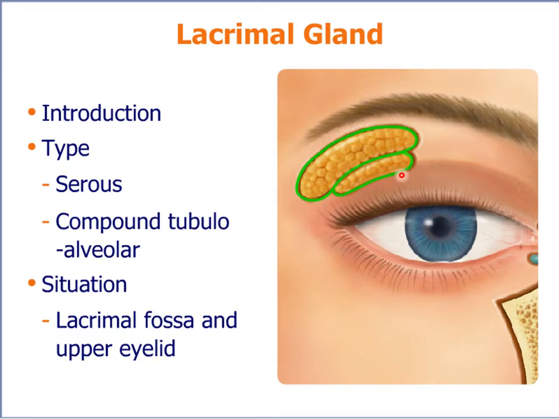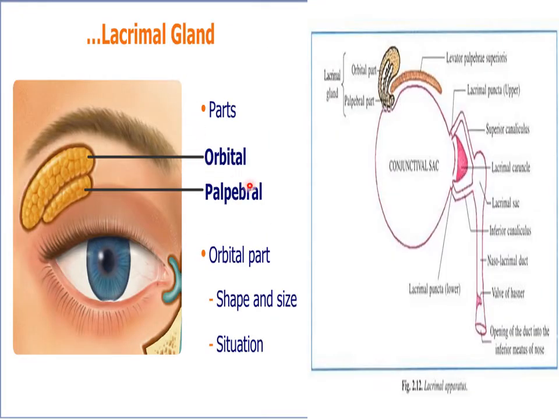It is situated in the lacrimal fossa, which is in the lateral part of the root of the orbit, and also in the upper eyelid. Next component is the conjunctival sac.